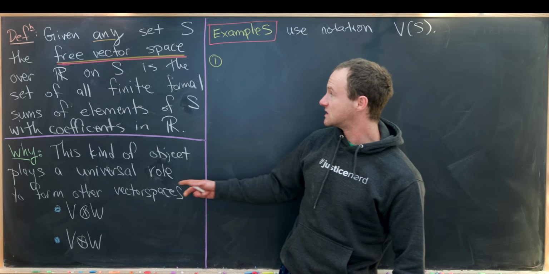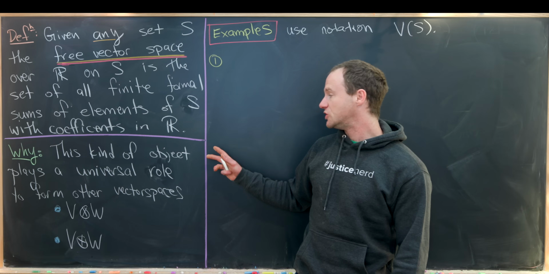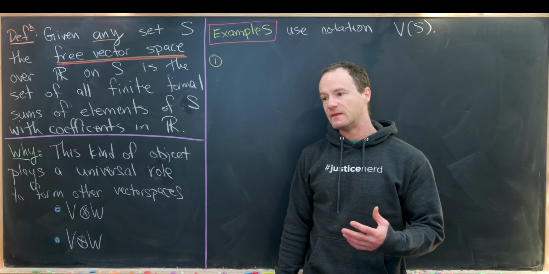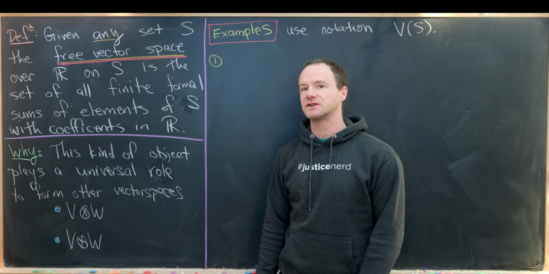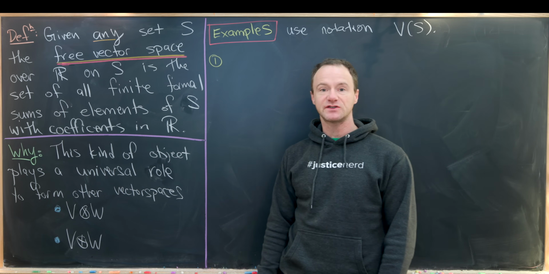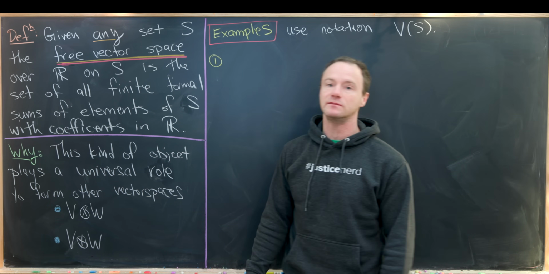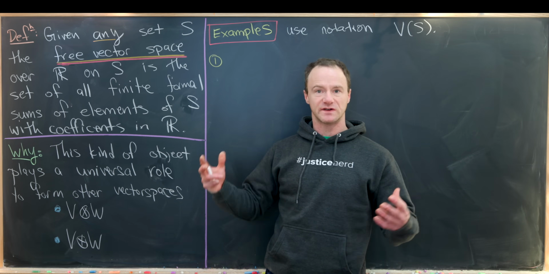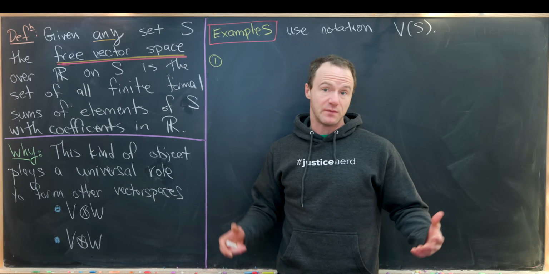So in this case, the free vector space over a set plays a universal role to form other vector spaces. And that formation of other vector spaces is via quotients, as we saw in the last video. So in the last video, we formed V tensor W, although you could also form V direct sum W. Those are in some ways quotients or simplifications of this enormous free object.